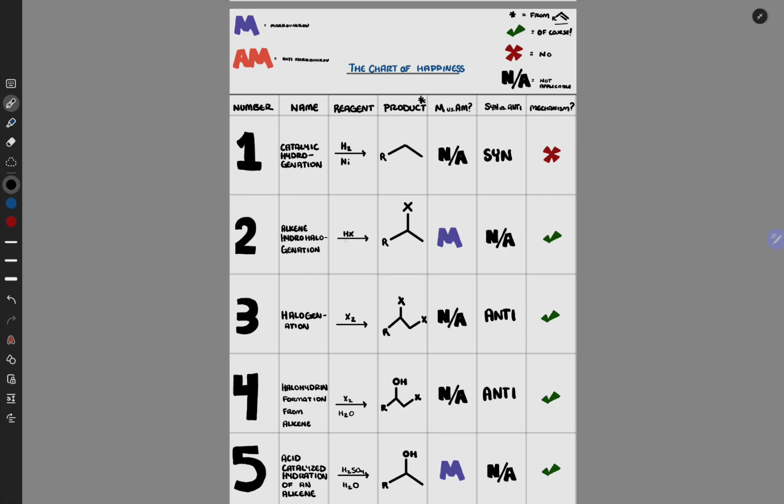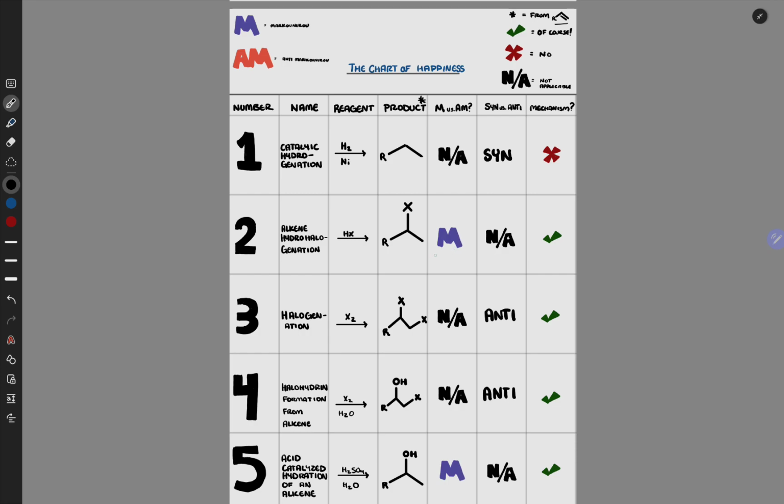So halogen, halide, whatever you want to say, this halogen and this hydrogen will react with an alkene in order to add a hydrogen on the less substituted position, and it will also add a halogen on the more substituted position by Markovnikov addition.